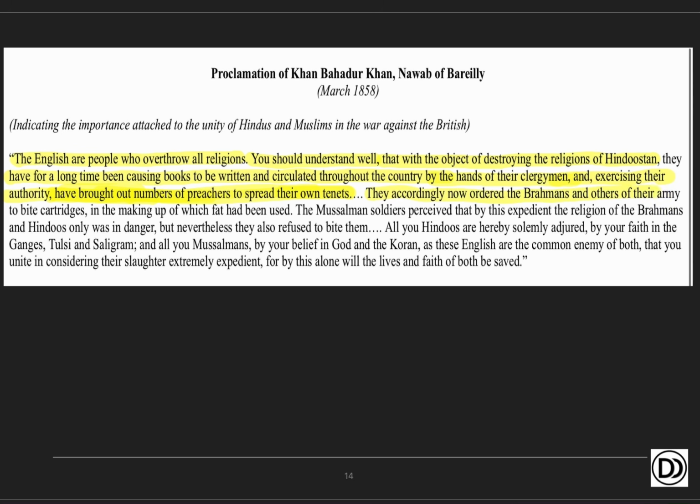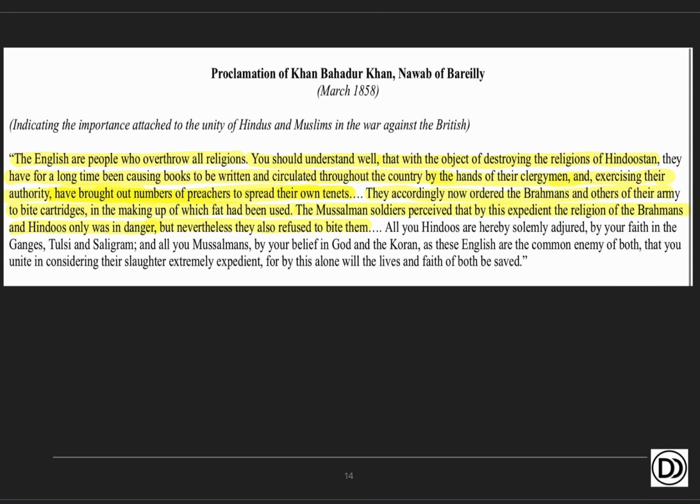Accordingly, they now ordered the Brahmins and other of the armies to buy cartridges in making up of which fat has been used, the same which we have already studied, that fat was used to bite the cartridges. He further says that the Muslim soldiers perceived that by this expedient the religion of the Brahmins and Hindus only was in danger, but nevertheless they also refused to bite them.